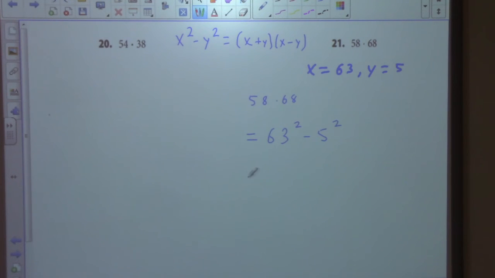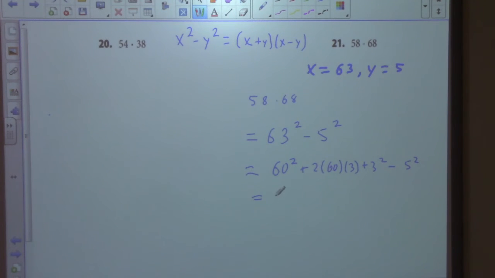Yeah. Okay. And now, Braden, you're going to break down the 63 squared to 60 squared plus 2 times 60 times 3 plus 3 squared, minus 5 squared.